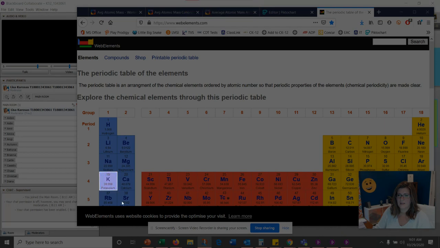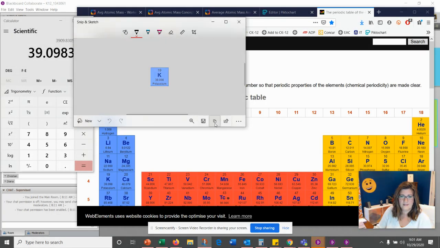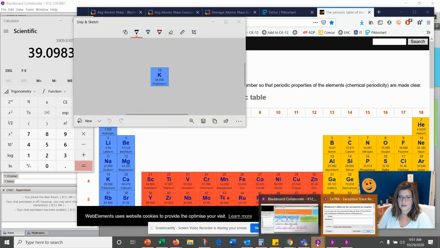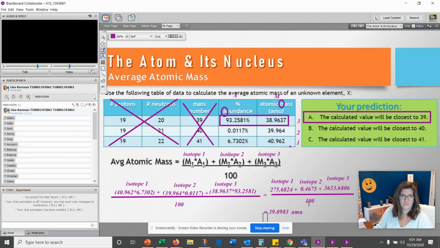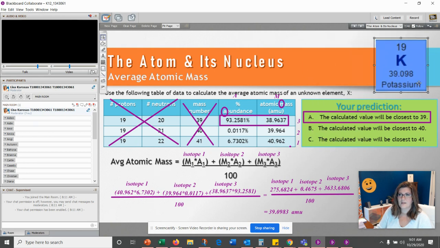Potassium has an average atomic mass of 39.098. Okay, so average atomic mass can be used to identify elements because the average atomic mass is found beneath the symbol on the periodic table. So we can double check our work that way.